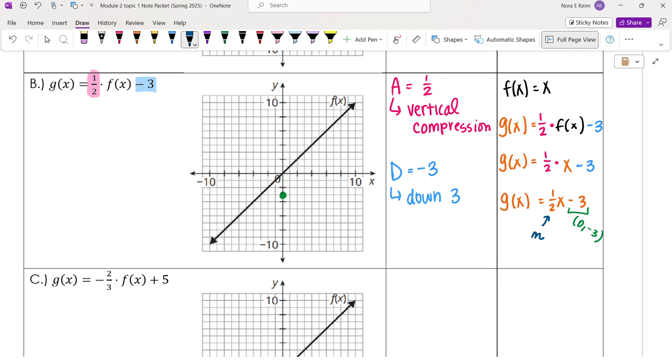So this is telling me I'm going to go up 1, right 2. Up 1, right 2. Or down 1, left 2. But this ends up being our line right here.